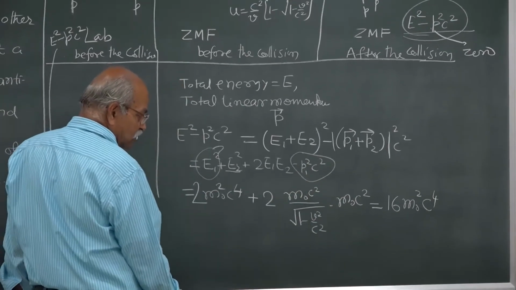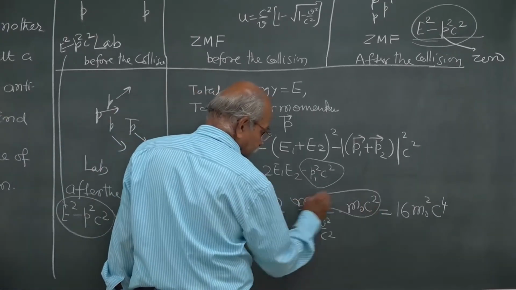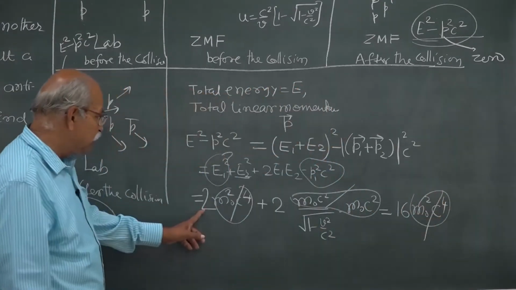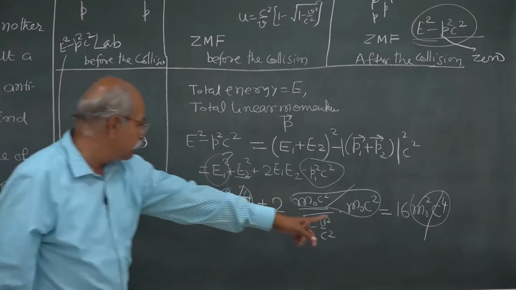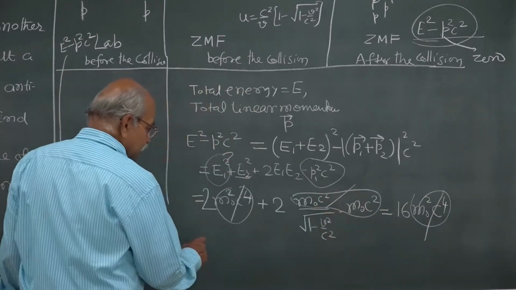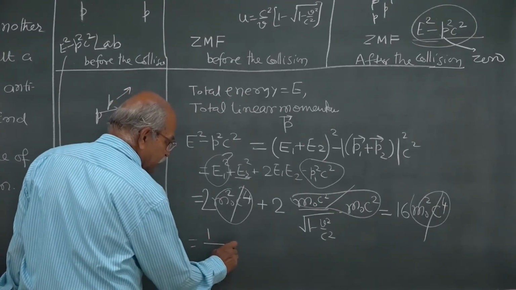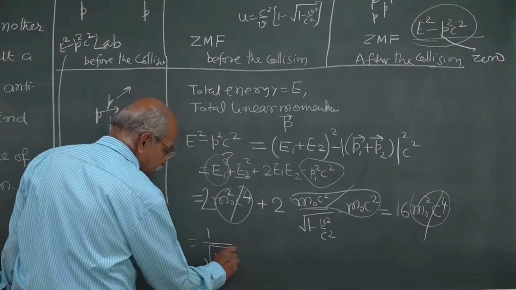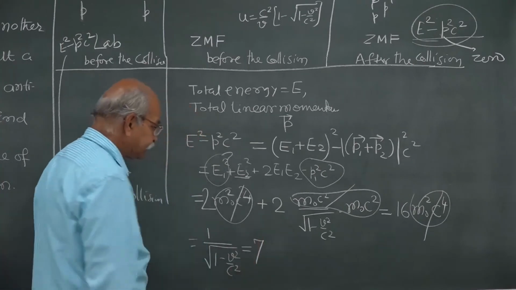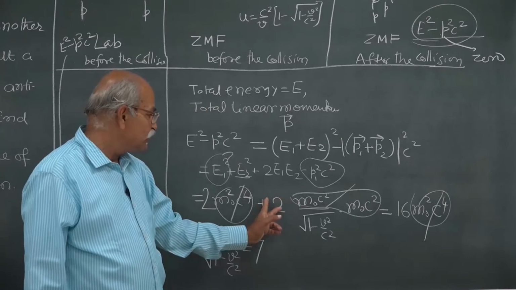You have M0 square C4, you can cancel it first. Then you have 2 here which can go on that side, making it 14. Then you have 2 here making that 7, and therefore what you are left with is 1 divided by square root of 1 minus V square by C square is equal to 7, right? This is 16 minus 2 is 14, and divided by 2 is 7.